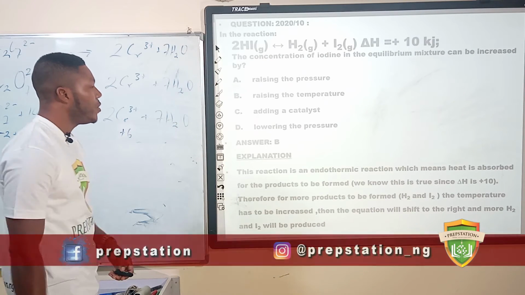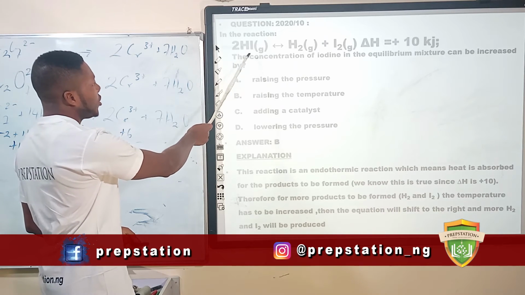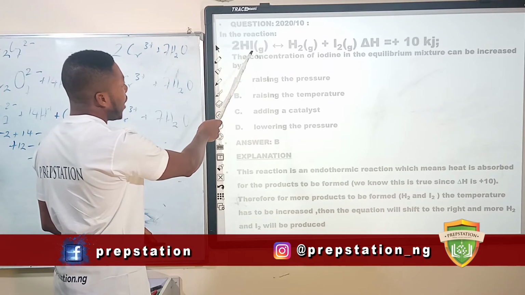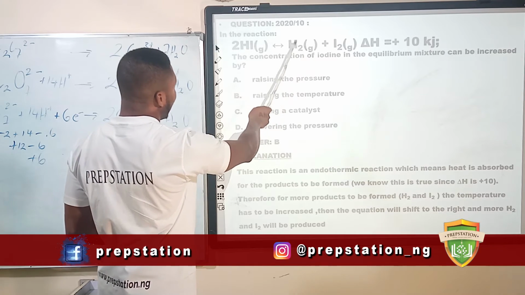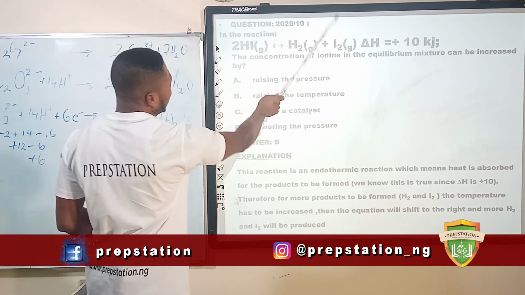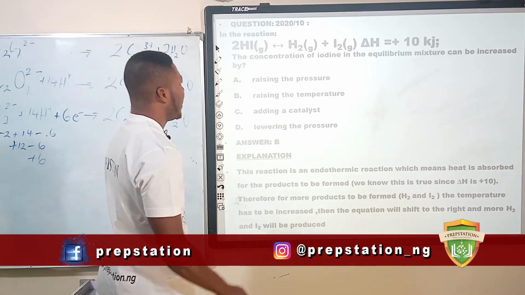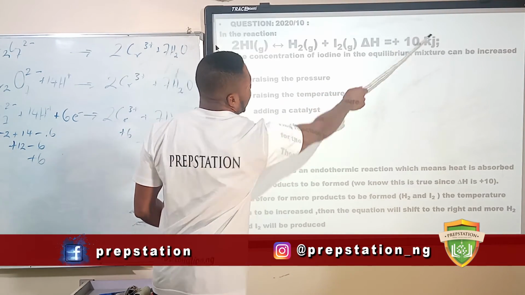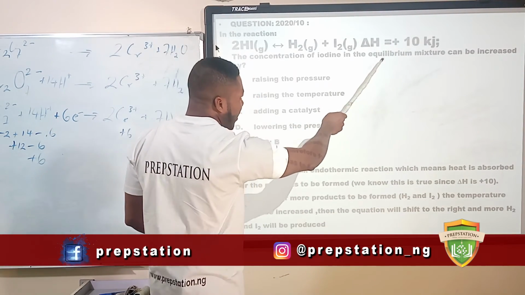Let's take example 2, question 10, 2020. We are given this equation: 2HI plus H2 equals H2 and I2, with an enthalpy change of plus 10. This is an endothermic reaction. Don't forget, plus is endo, minus is exo.